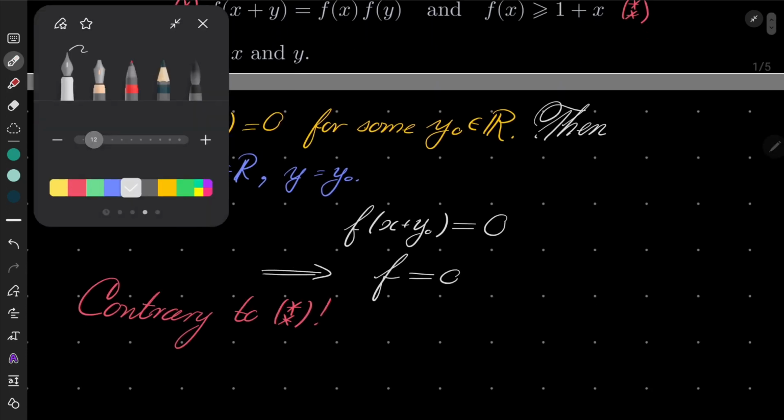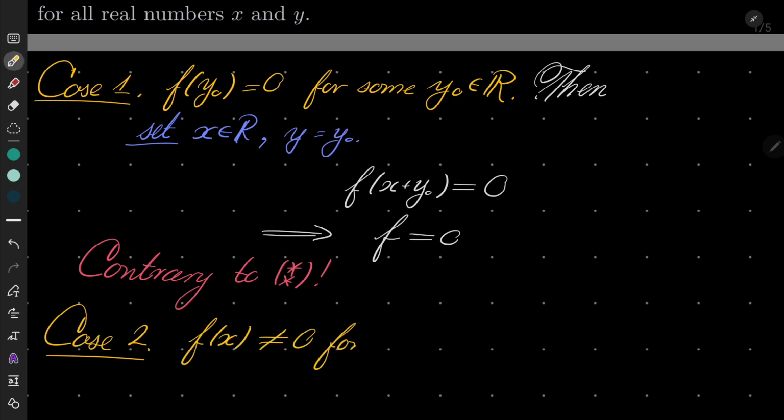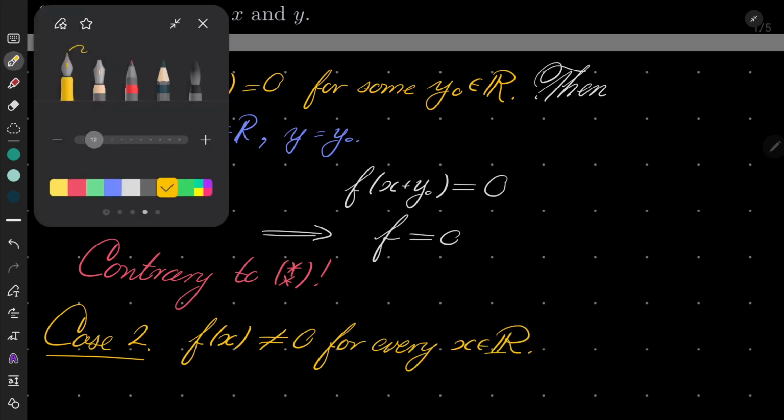Okay. So let's consider case number 2, when f of x is non-zero for every real number x. Okay, what happens now?